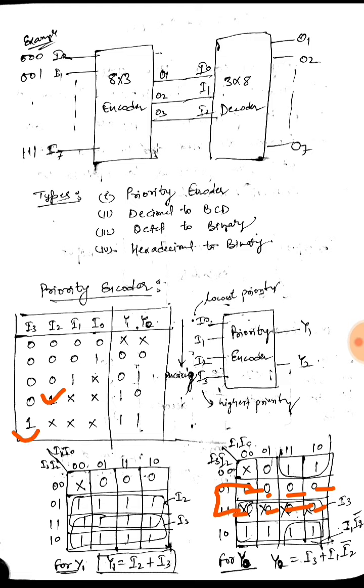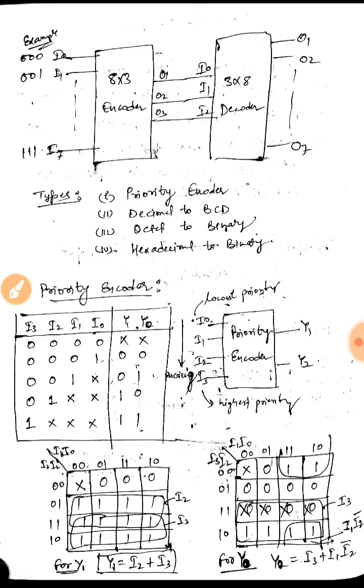For I3 equal to 1, that is for the last 2 cells it is 1, so I will put 1 1 1 1, but previously for this case I have put 0 in all these, and in this case it is 1, so I would use don't care, because at the same time they cannot be 0 and 1 both. That is why I have put the don't care sign in these cells. So now when I do the pairing, I would be having a quad, and using all these don't cares I would be having an octet.